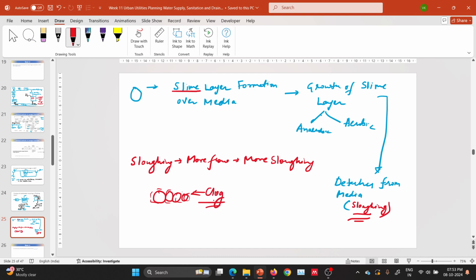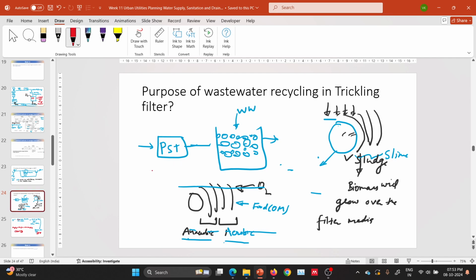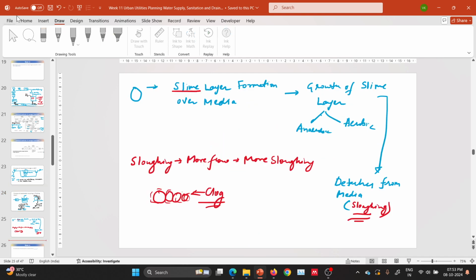So to reduce the clogging and to pass the water continuously, we will wait, I will make one more diagram.